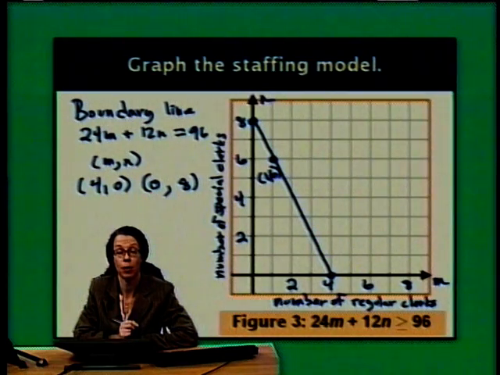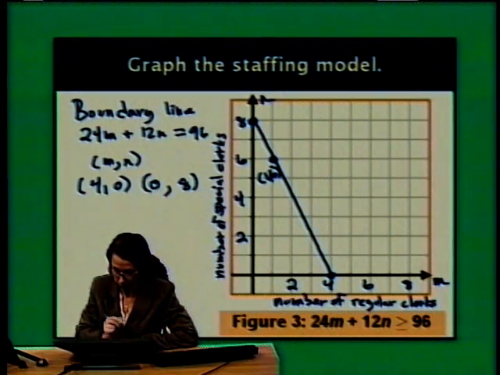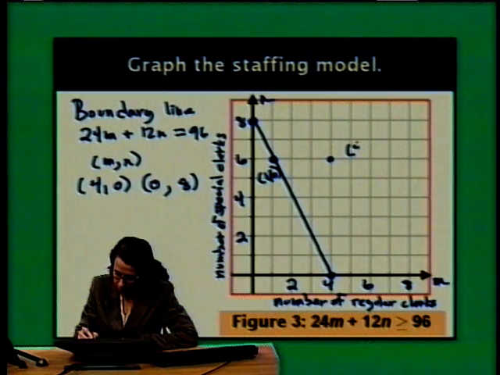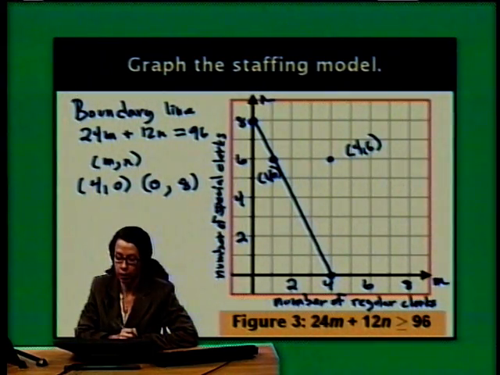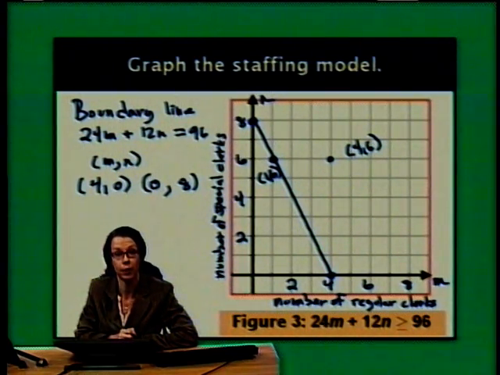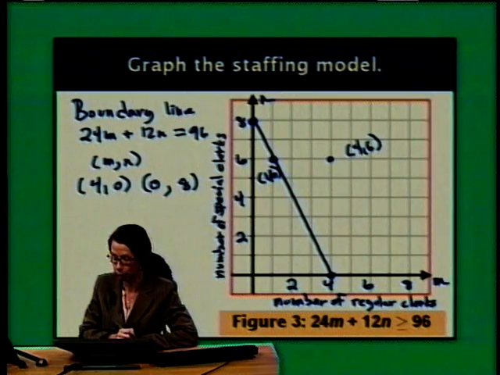But let's suppose they want to service some more. Then what they can do in this situation is maybe hire a few more clerks. So for example, if I had 4 regular clerks and 6 special services clerks, I should be able to service even more customers, more than 96 customers per hour.